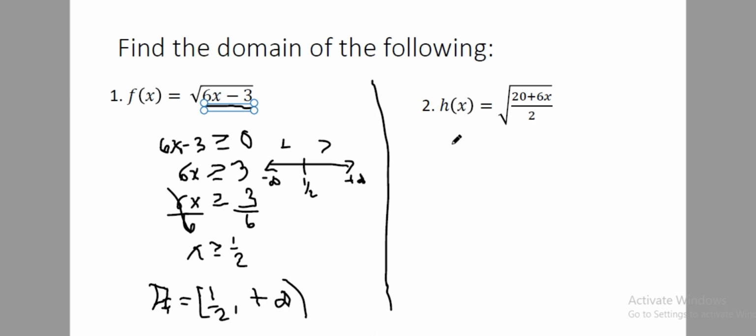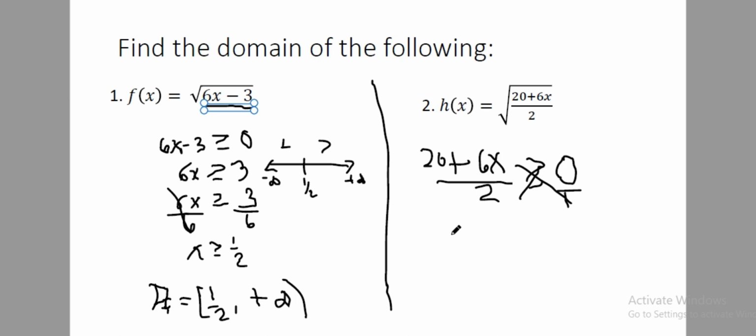Okay, next let's go to number 2. Again, we start with (20 plus 6x) over 2 greater than or equal to 0. Then we can cross multiply. 0 is just 0 over 1, so we have 20 plus 6x times 1, which is just 20 plus 6x, and 2 times 0 is still 0.